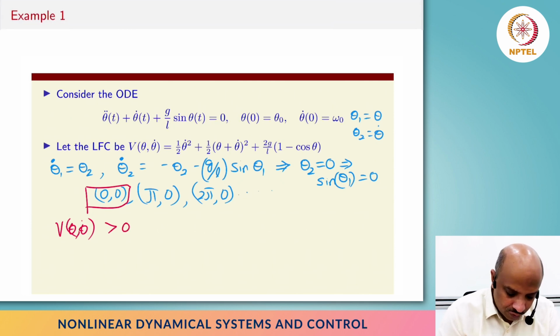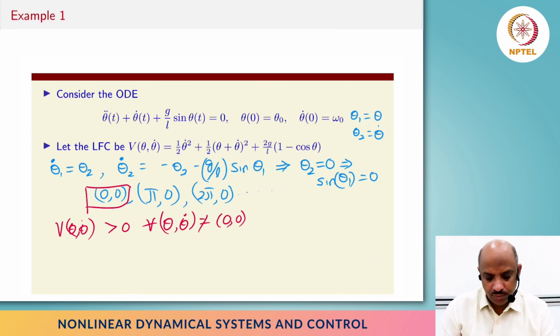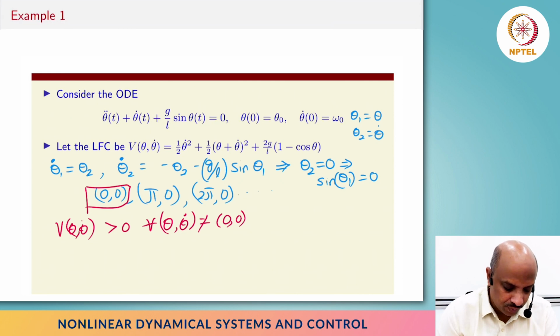Is V greater than 0 for all theta, theta dot not 0? What does it mean for theta, theta dot not 0? It simply means one of them is non-zero. Both don't have to be non-zero, but one of them has to be. If you look at this particular expression, if theta dot is 0 and theta is non-zero, then the second part is going to be positive, the first part is going to be 0, but the third part, 1 minus cosine theta, is always non-negative.